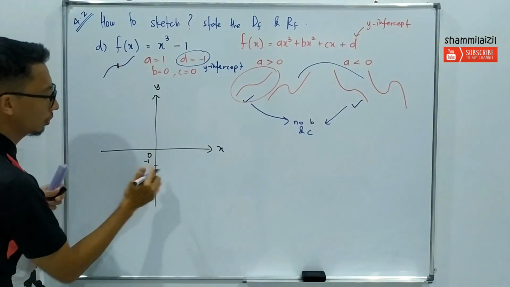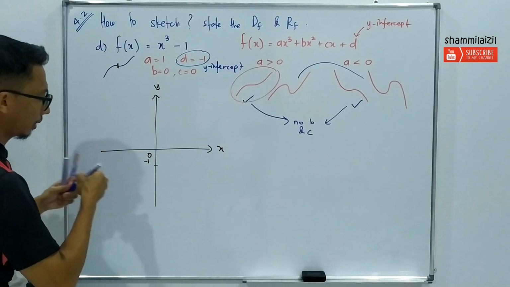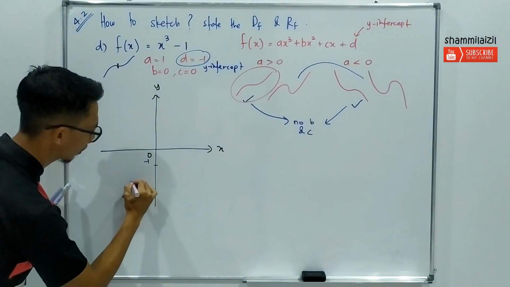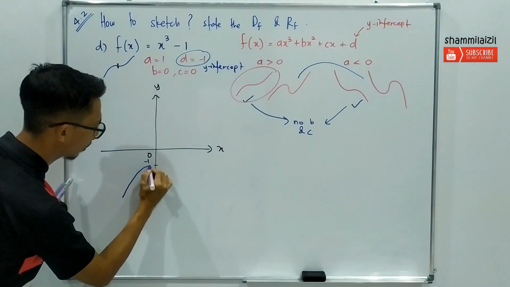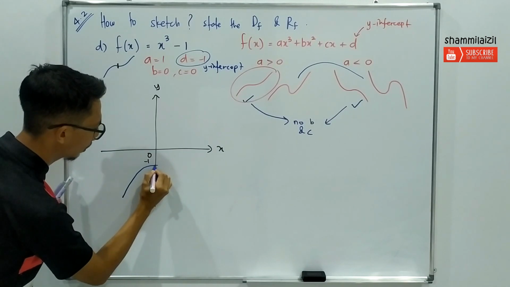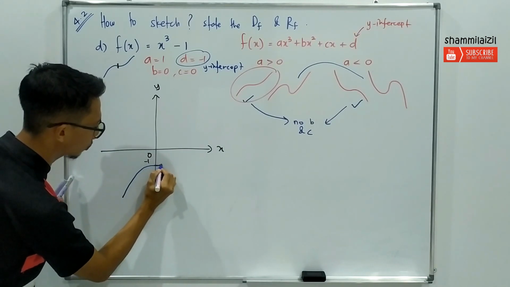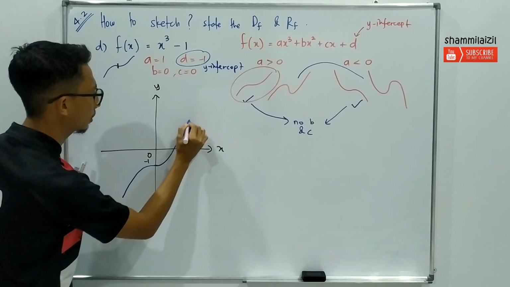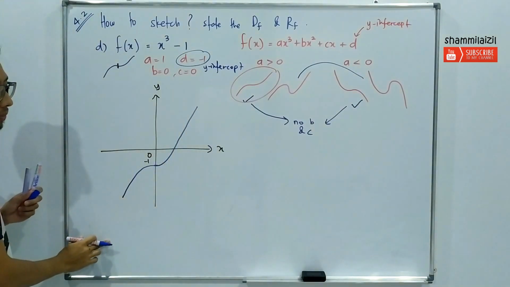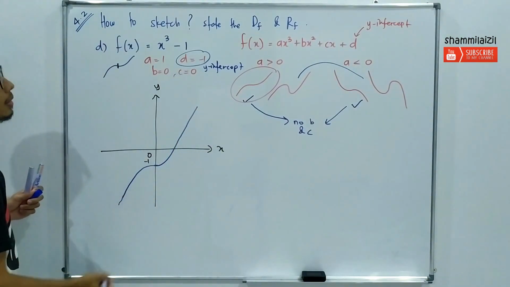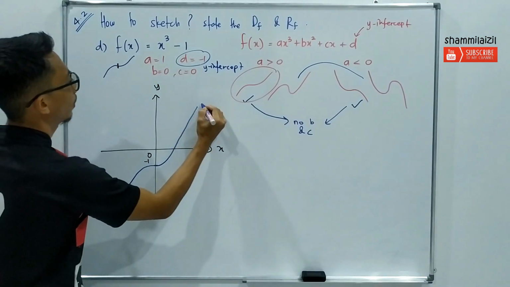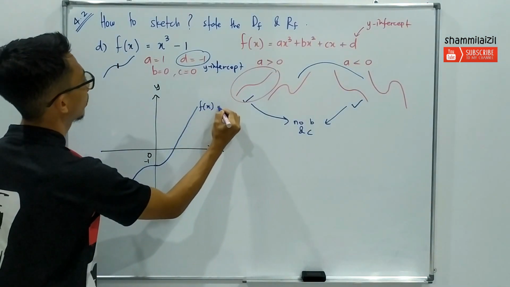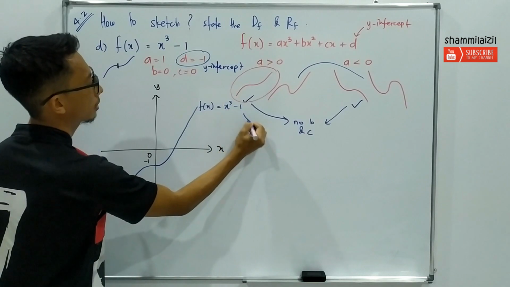So the graph will be like this. It will have 0 gradient at -1, and then it will turn upward. So this is the graph of f(x) = x cubed minus 1.